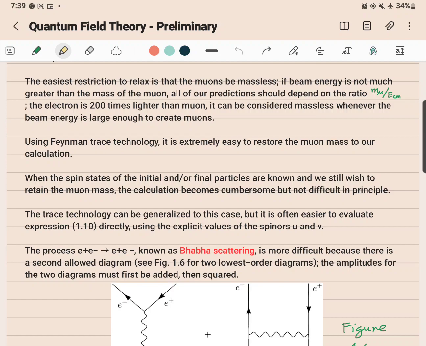We reserve the formal calculation for later.